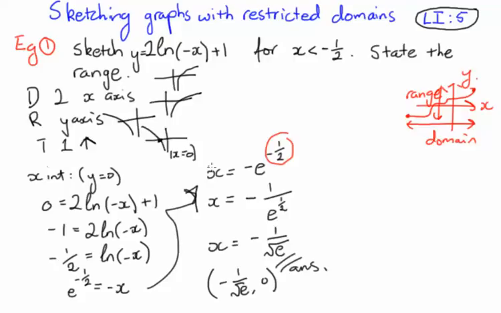You probably get a graphics calculator for something like this. I doubt they would give you something this tricky, but e is about 3. You need to know that the square root of 3 is about 1.7. So 1 on 1.7, well, if that's approximately negative 1 on 1.7, you know that this x-intercept happens like here.